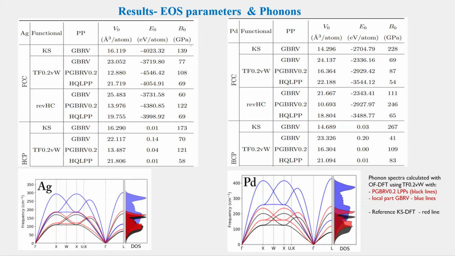This we also found with the bulk modulus. When we come to palladium, the same trend was observed, the new pseudopotential giving better results. And we can also say here that our new pseudopotential is transferable over different functionals and different phases of the system.